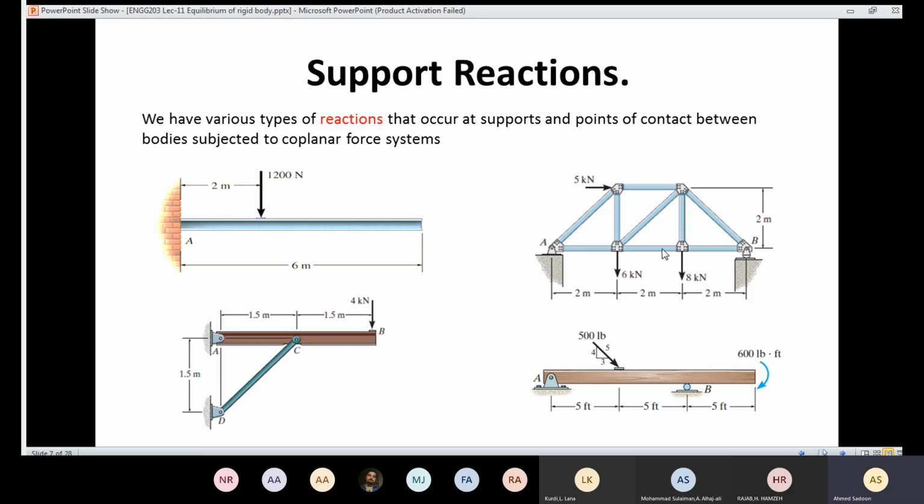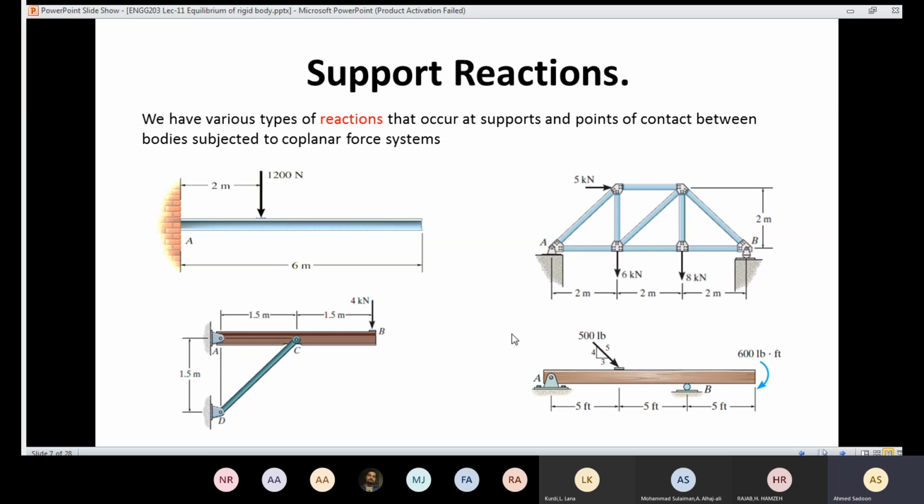Also, let's say that if I don't have resistance in that direction, maybe that bridge is going to move here or there. And also, if I don't have support here, and I have only support from there, then the bridge is going to rotate. So also here and here, we are going to use the support reaction.